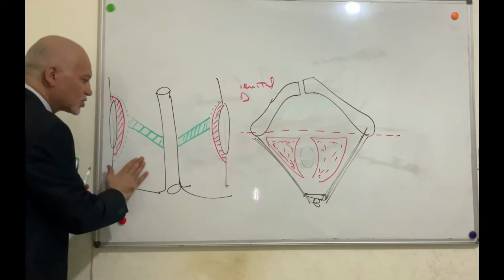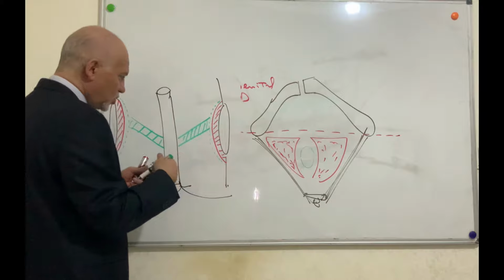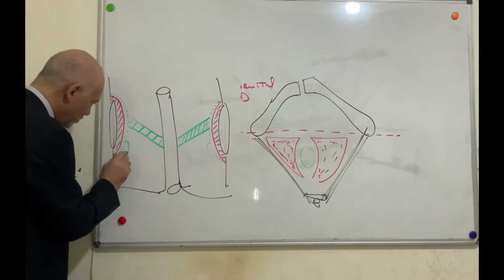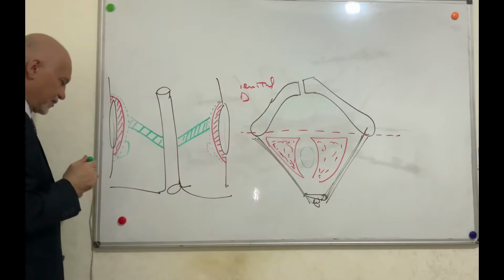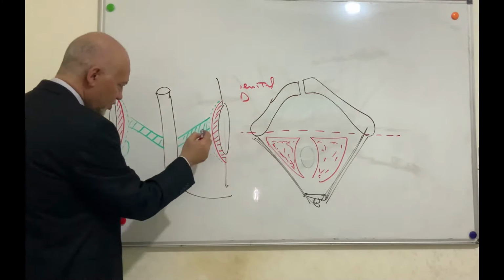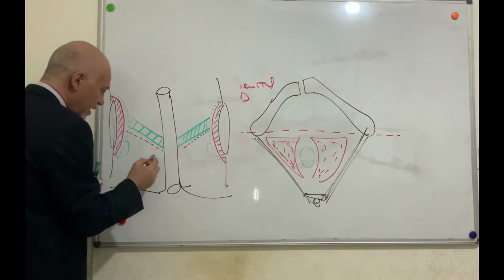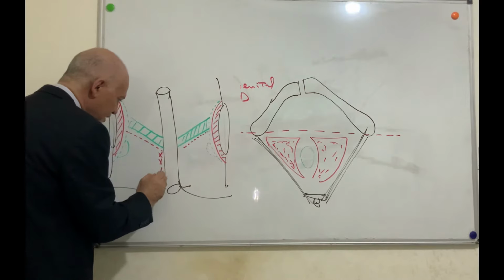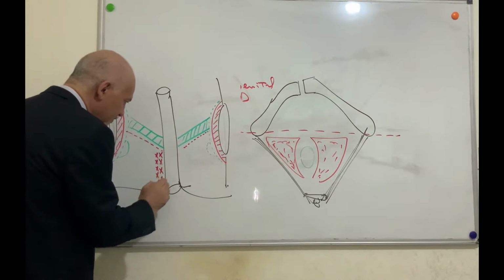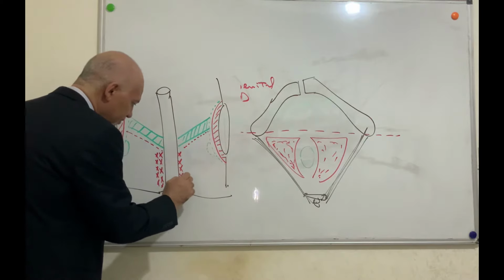This space is called the Ischio-rectal Fossa. Remember, in the obturator fascia there is a canal called the Pudendal canal. There is fascia here, fascia of the levator ani, and there is a muscle surrounding the anal canal called the external anal sphincter.